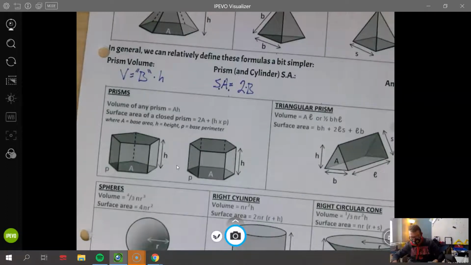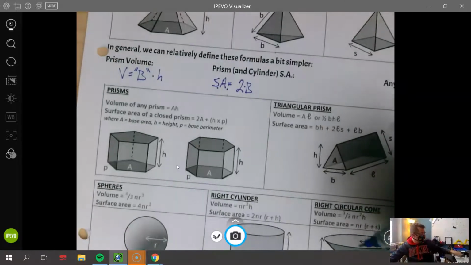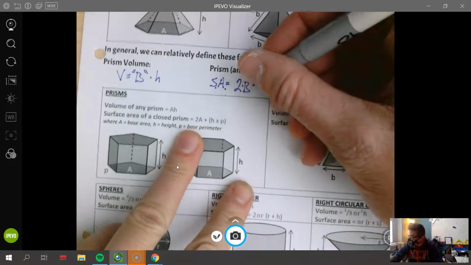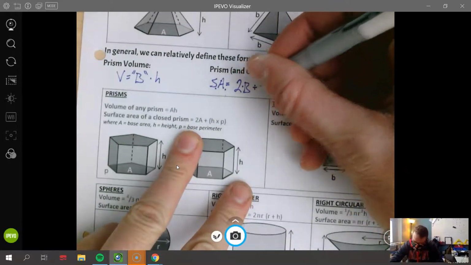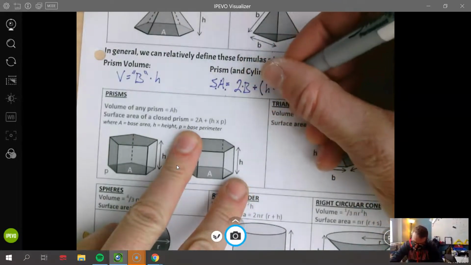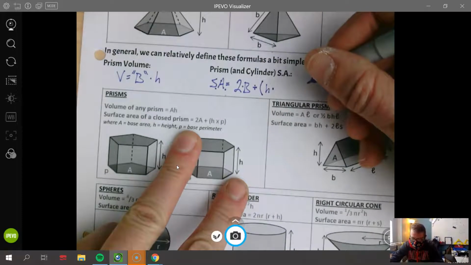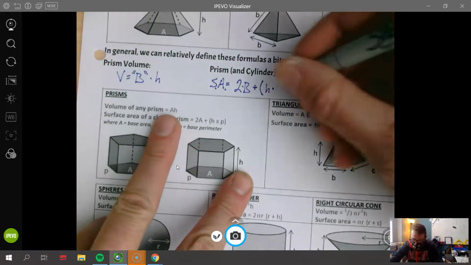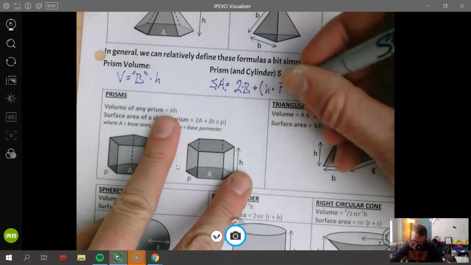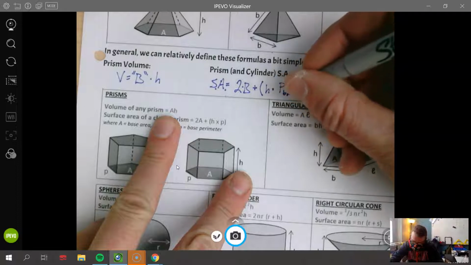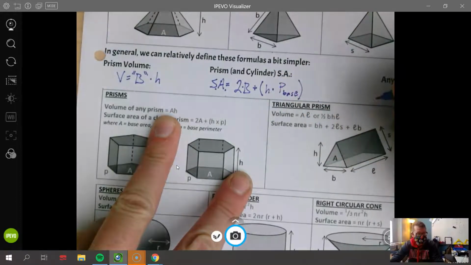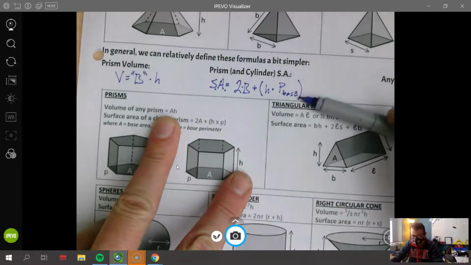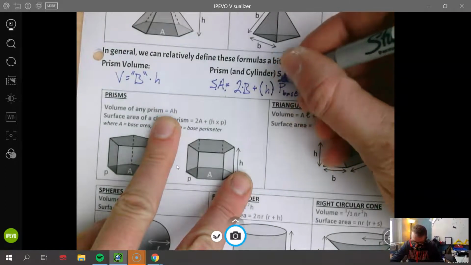So whether you want to say perimeter of the base or how you want to write that, I don't care what notation you actually use to write that, but it's going to be, we have 2 bases and the height times the perimeter of the base. So what you could say is P sub base. We can start to use subscript notation, guys, and we could also just write it like this to clean this up a little bit.